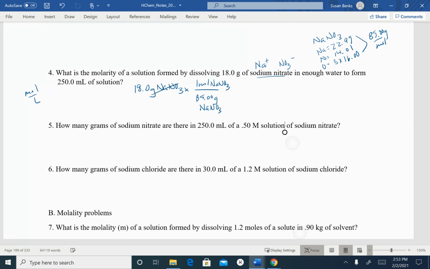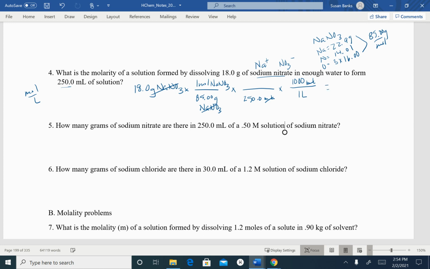So our grams cancel out, and we do have moles on top, which is what we need. Now we need a volume on the bottom. We are given a volume of 250 milliliters, but we don't want mL on the bottom. We want liters. So I have 1,000 milliliters in 1 liter. So my milliliters cancel out, and now I do have moles per liter.